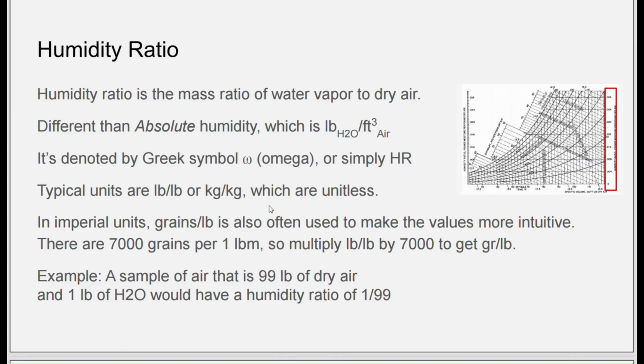So if you take your humidity ratio in pounds of water vapor per pound of dry air, times 7,000, then you'll be in grains per pound. For a quick number example, if you've got 99 pounds of dry air and 1 pound of water vapor, the humidity ratio would be 1/99.